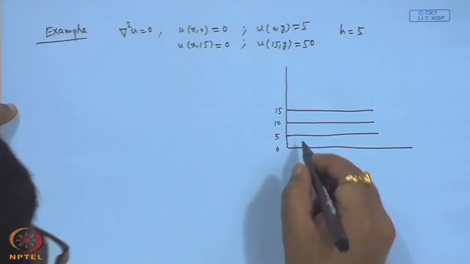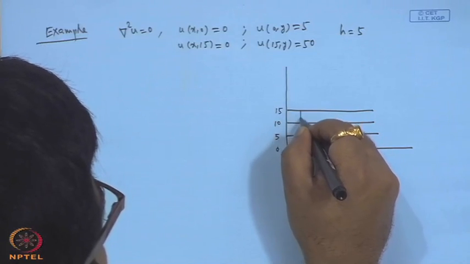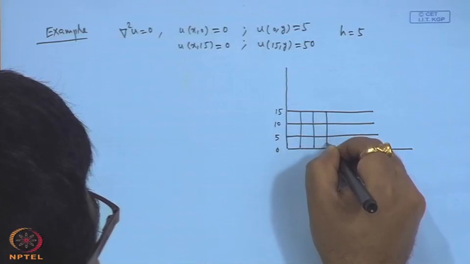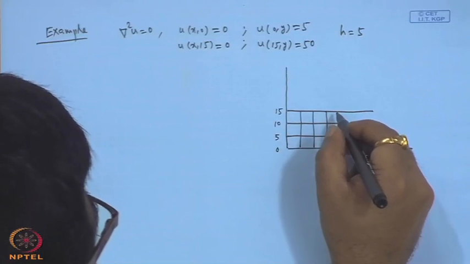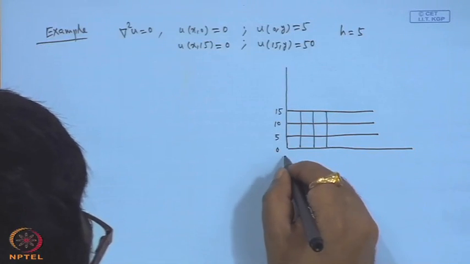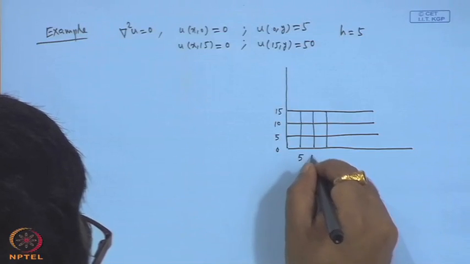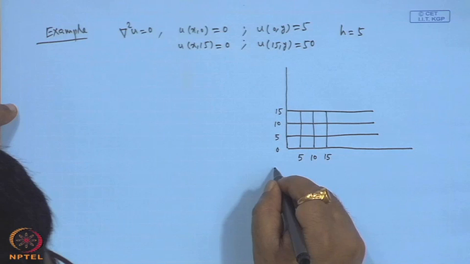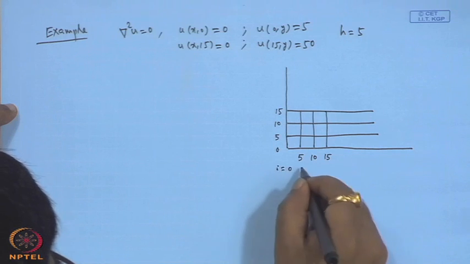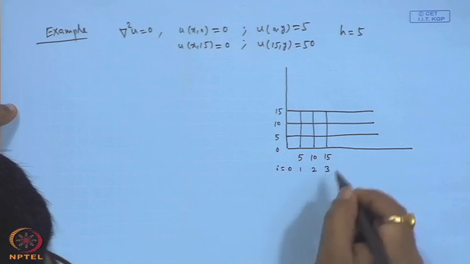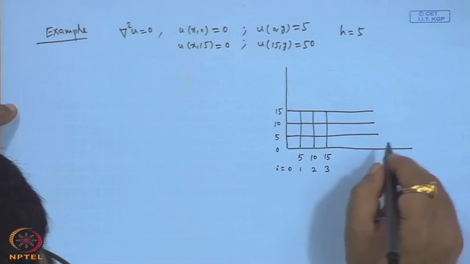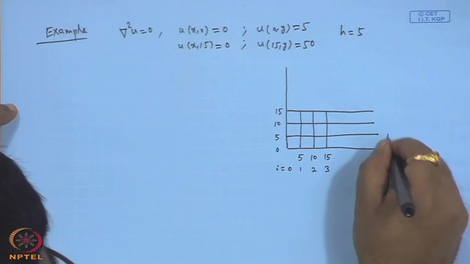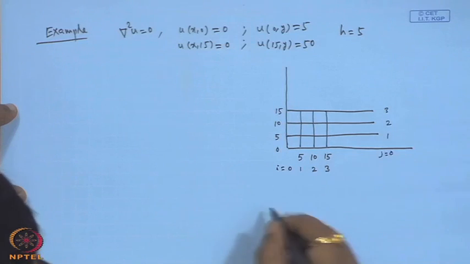So, correspondingly, okay. So, now I 0, 1, 2, 3 and j 0, 1, 2, 3.